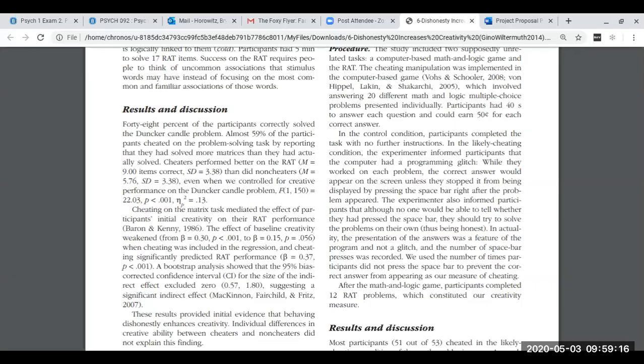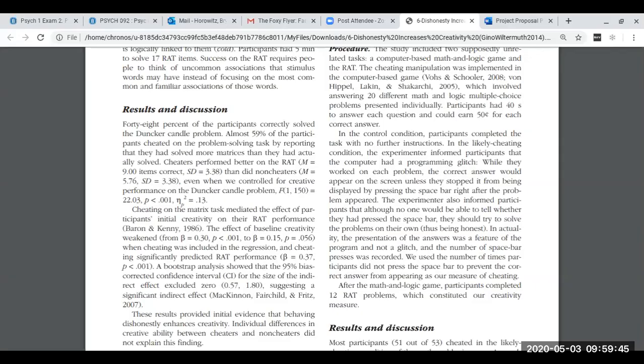And then we had the matrices, right? So you had cheating on the matrices and not cheating on the matrices, right? So you had cheating and not cheating, and then you had performance on the RAT test, right?